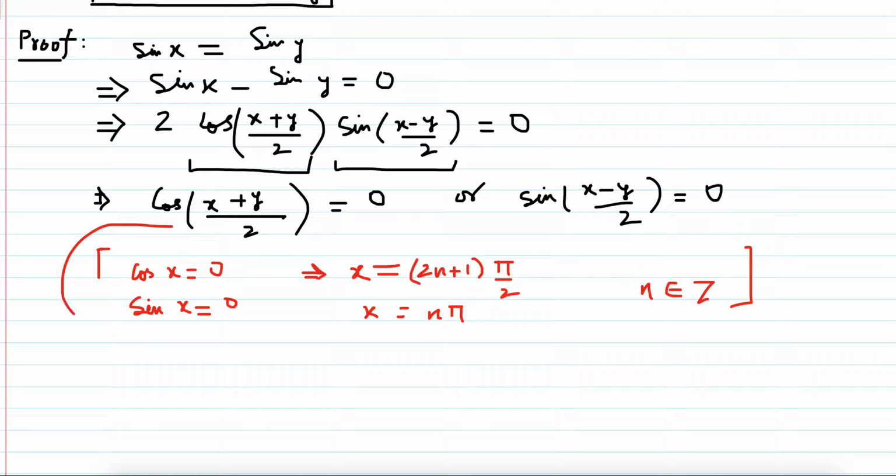So from this first part, x plus y by 2 has to be an odd multiple of pi by 2.